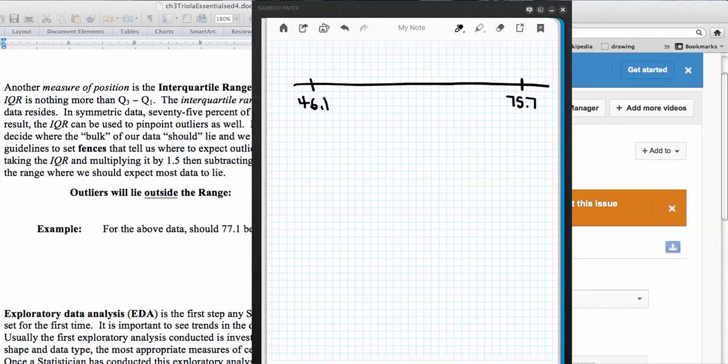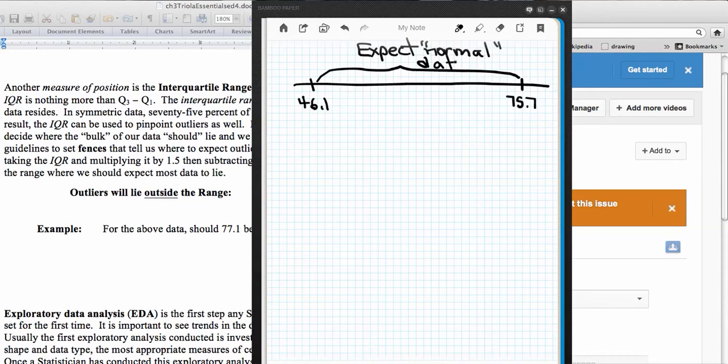This is the area where I would expect to find the usual data, the normal data, and I'm going to say normal, and this has some special connotations for us later, so I'm going to put it in some quotation marks here.